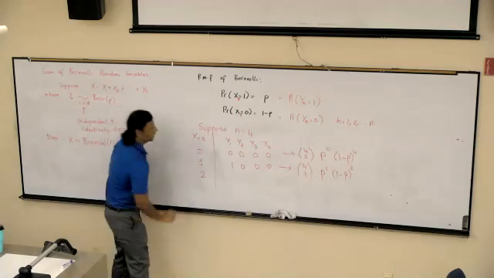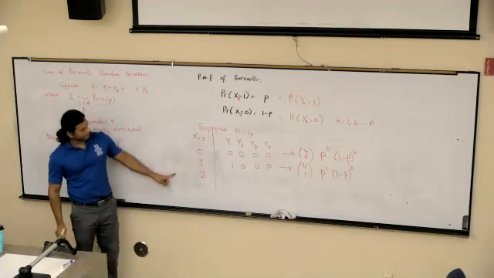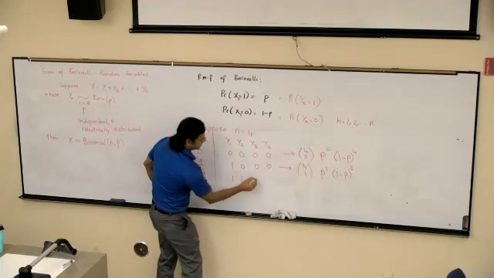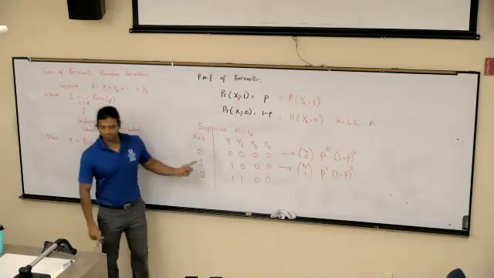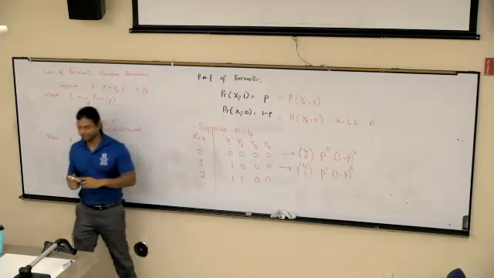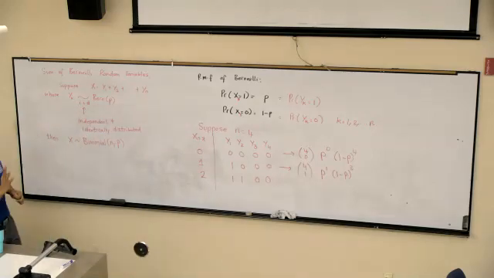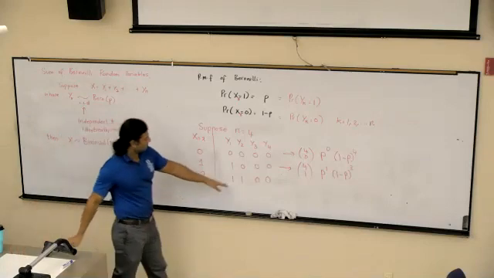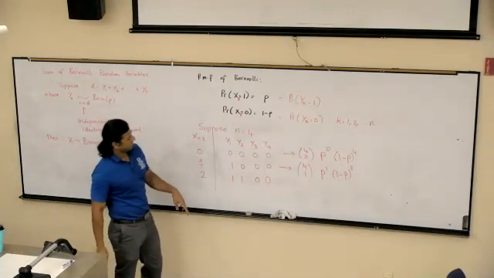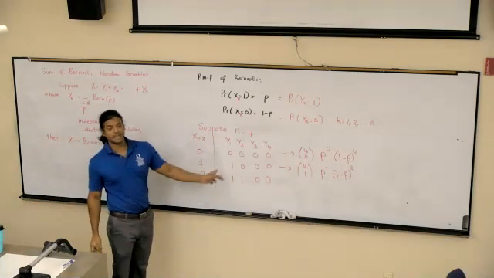I need to get to 2. I need that to happen. So 2 out of those 4 Bernoulli variables must result in 1s. So in how many ways could that happen?